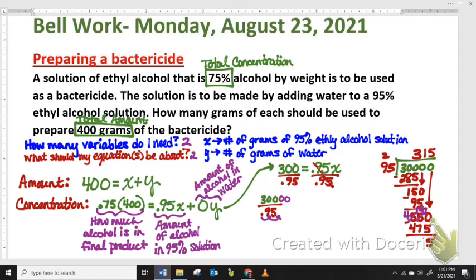So I have 5 and 7. 75 left over, right? I can keep going to get a decimal, or I can just write it as a fraction right here. It's 315 and how much do I have left over? 75 out of 95. Can I reduce that fraction? What will go into both of them? 5.